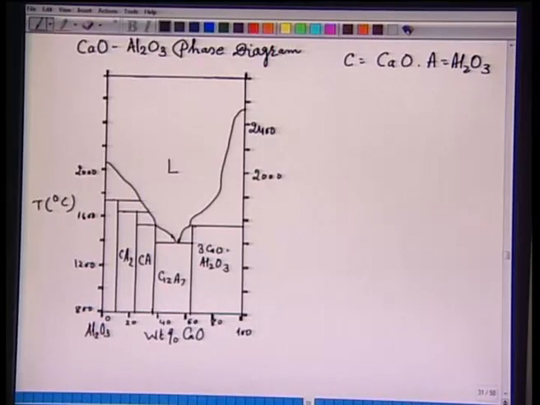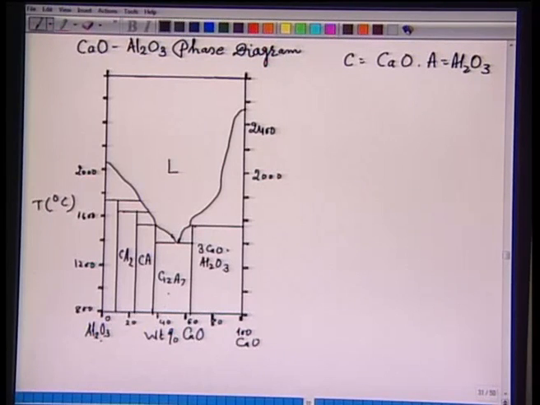If you see this phase diagram of CaO-Al2O3, which I have sketched for you, on the x axis at this point we have 100% Al2O3 and this is 100% CaO. If we add CaO, the melting point of the alloy decreases.